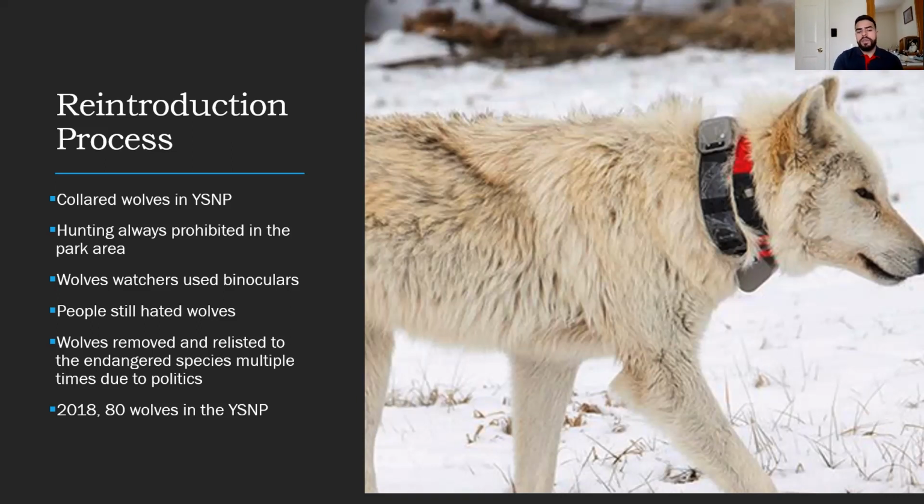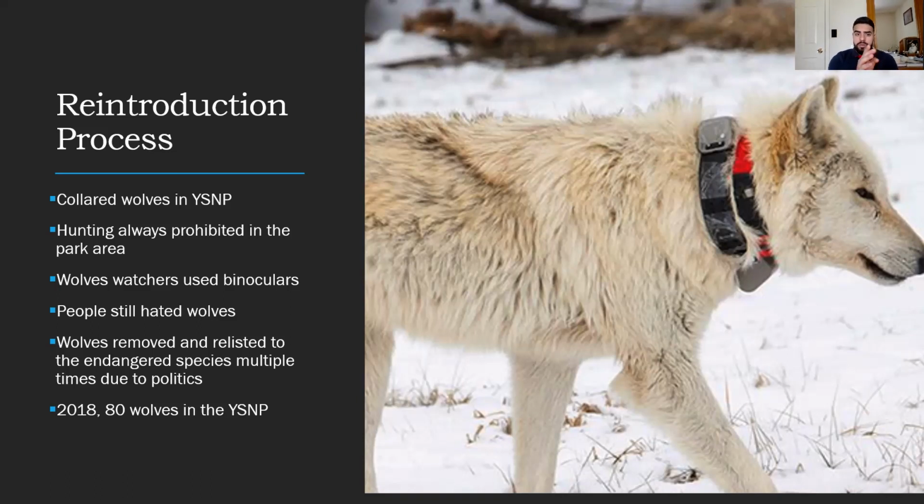As of January 2021, wolves were removed from the endangered species list, and so they are not protected by the government anymore. And most of the time, like I mentioned earlier, wolves were listed and re-listed on the endangered species list, and almost every time this change was happening, it was never because of biological reasons, but rather politics.